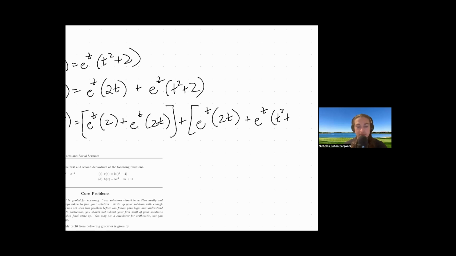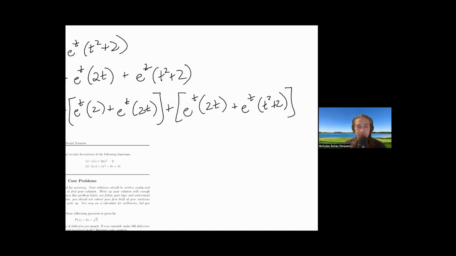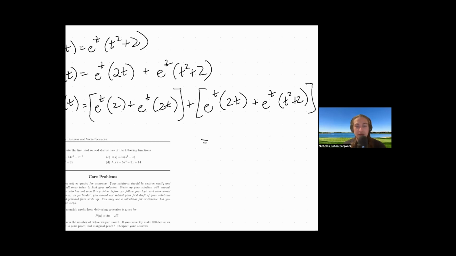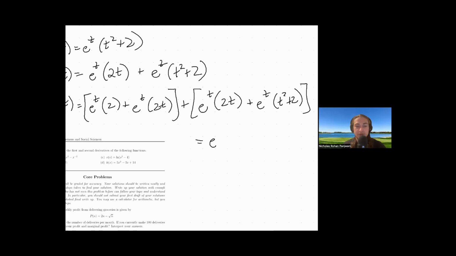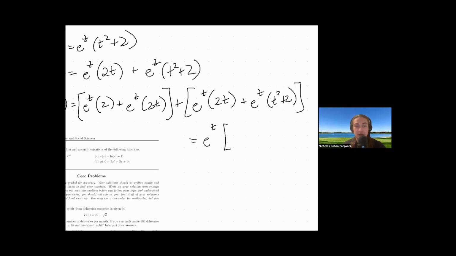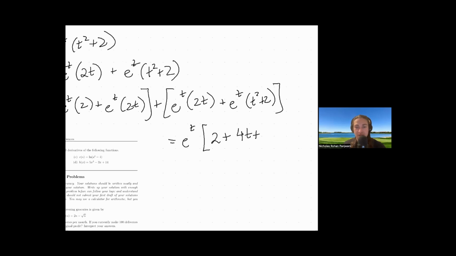Boom. Could simplify if you wanted to and see e to the t outside everything. Then you have 2 plus 2t is twice, so you have 4t plus t squared plus 2.